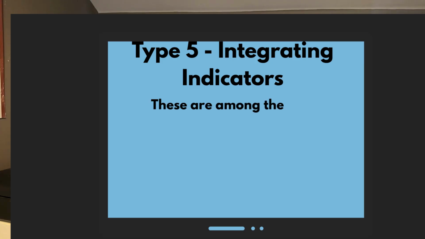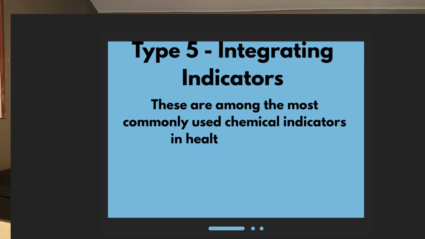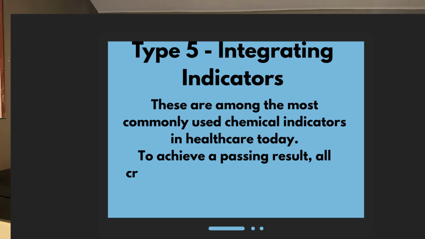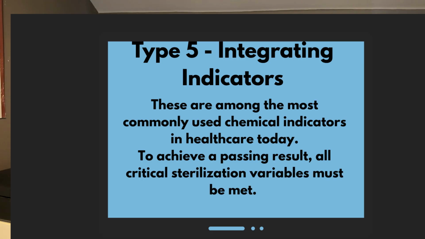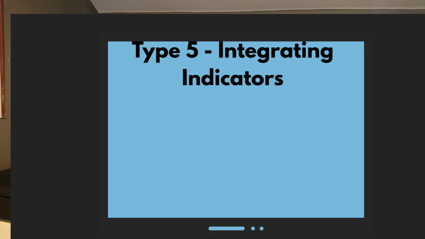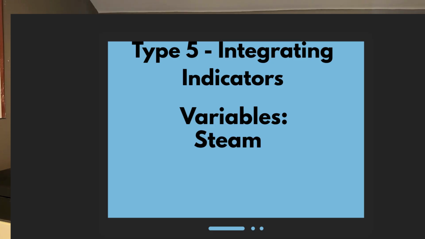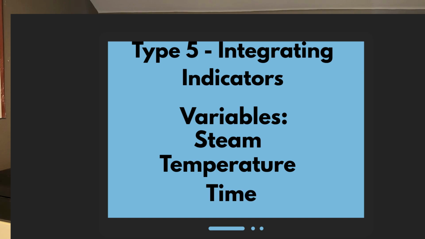Integrating indicators are among the most commonly used chemical indicators in healthcare today. Type 5 is known as the integrating indicator, and it achieves a passing result when all the variables have been met. Well, what are those variables? There's 3 of them. And remember these because these will be on the test. Steam or exposure, temperature, and time.